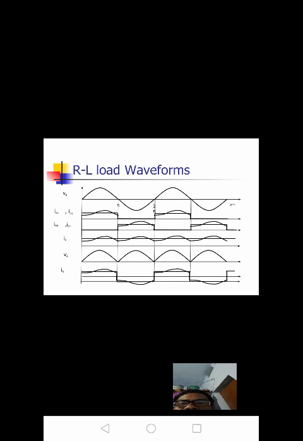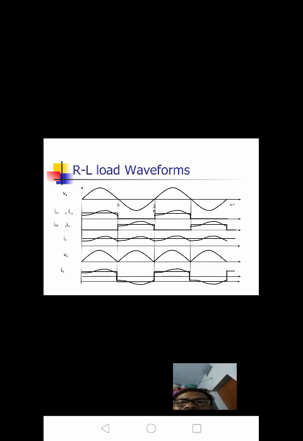RL load waveforms, here we are observing. First one is the supply voltage waveform, it will be a sinusoidal waveform. Next are ID1, ID2, the continuous current, and due to inductive nature there is a slight variation in the current value, it will be increasing, then decreasing.